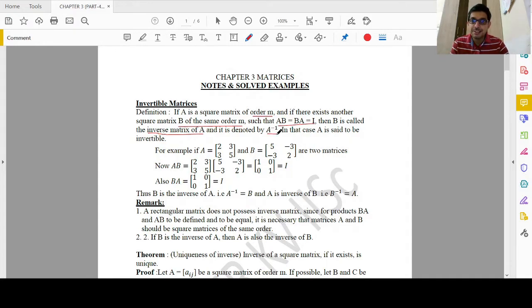In that case, we say that A is invertible.